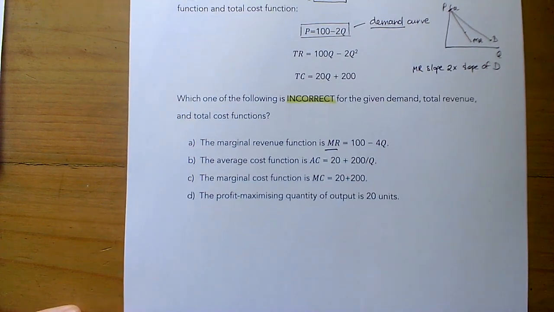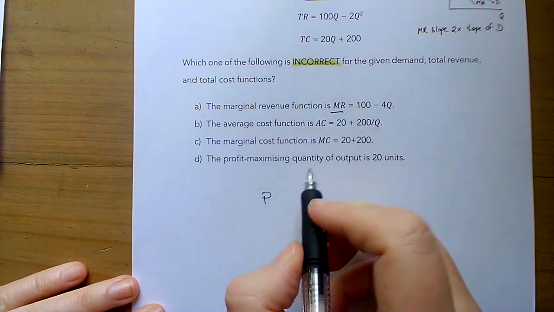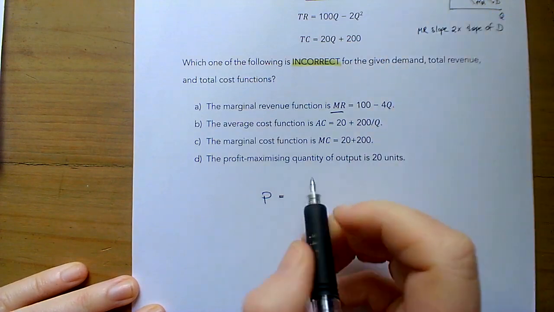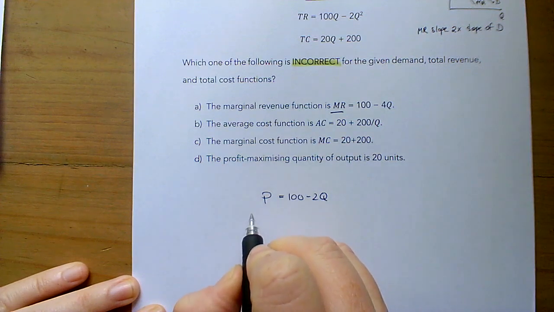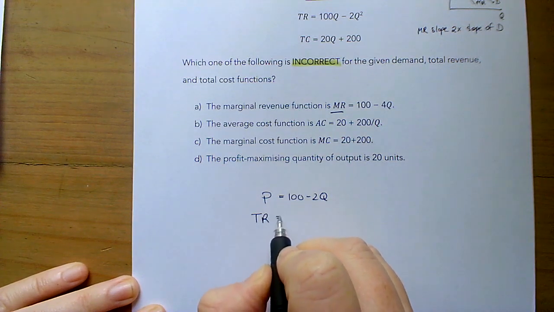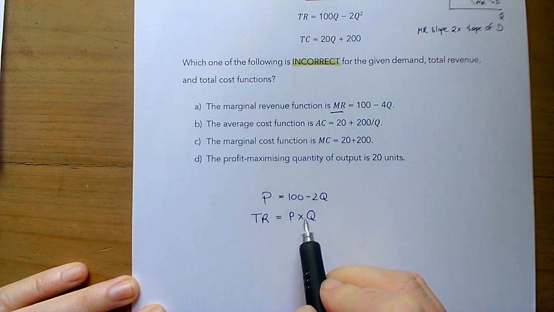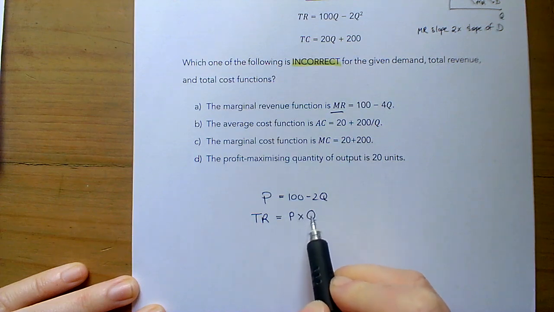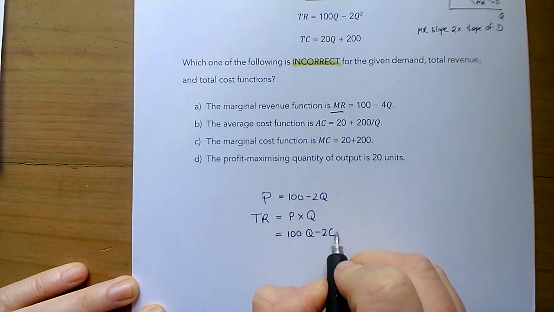And the way we can confirm that is if I take a demand curve, the one that I have up here, 100 minus 2Q, and I calculate my total revenue function, which is going to be price times quantity. So then I can just multiply this through by Q, and I'd get 100Q minus 2Q squared.